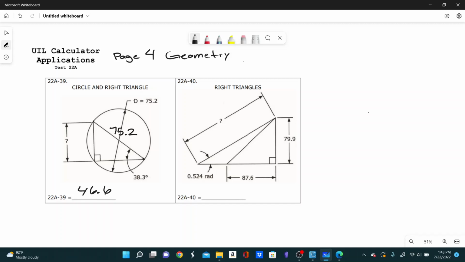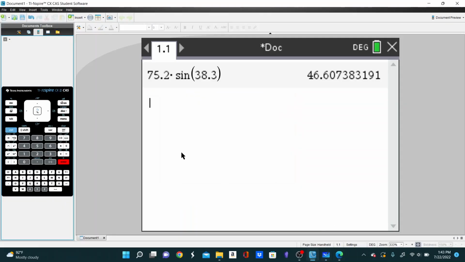And then usually those sides and angles will show you how to do the rest of the problem. So I'm going to start off by finding this hypotenuse length, because once I do that, I will have more information about this triangle. To find that hypotenuse, we just have to use the Pythagorean theorem. So a squared plus b squared equals c squared. So we have the square root of 79.9 squared plus 87.6 squared.